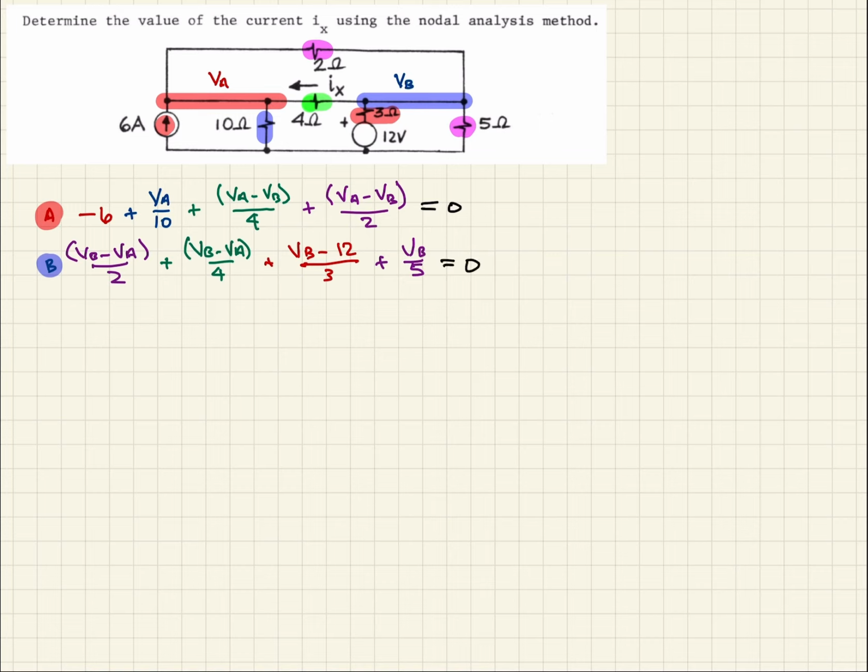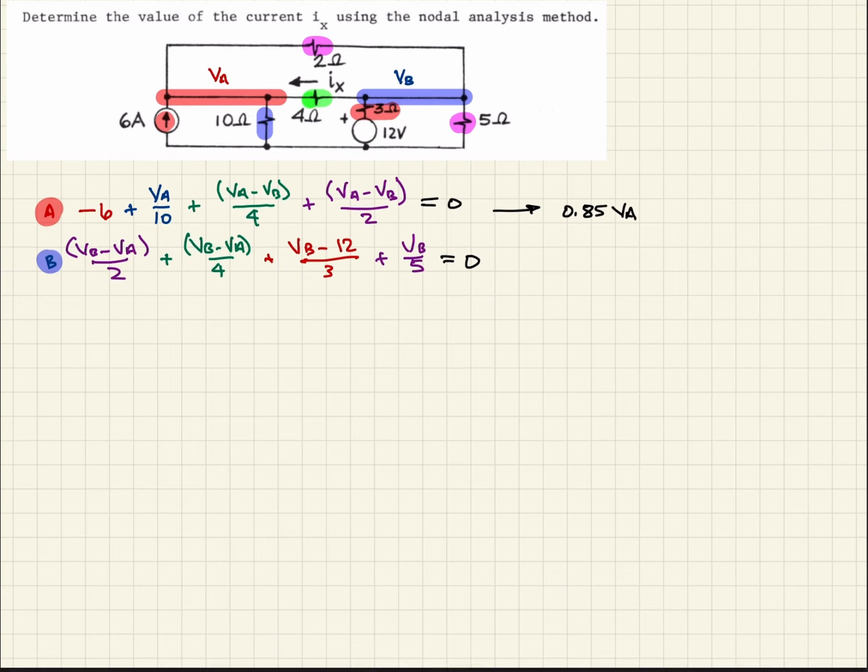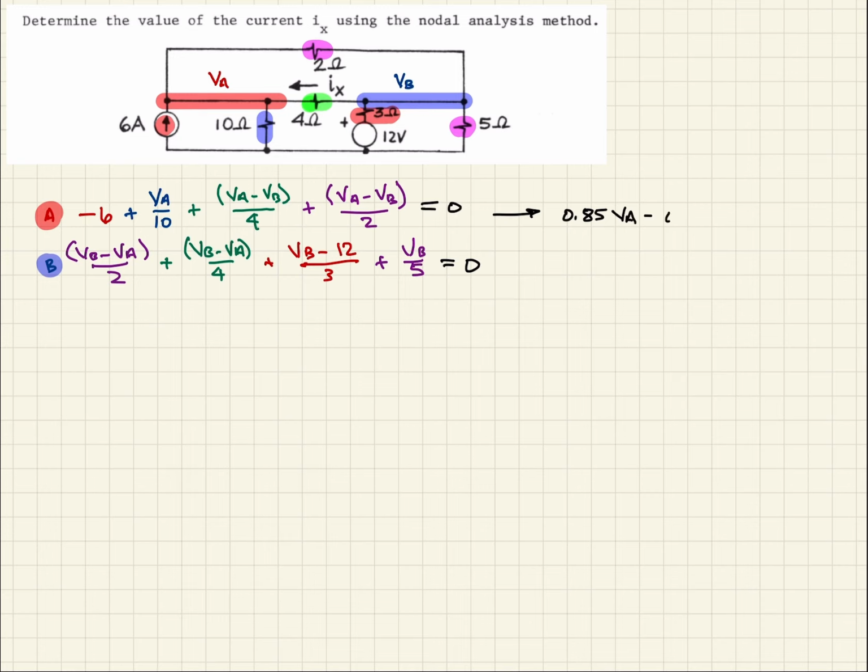So now we have our two equations and basically two unknowns. If we multiply through and gather like terms, we can rewrite this. So this top one will end up being 0.85 VA minus 0.75 VB, and that's going to be equal to 6.